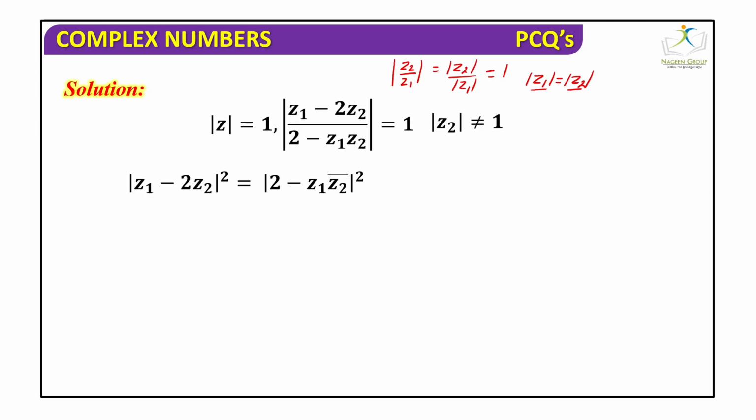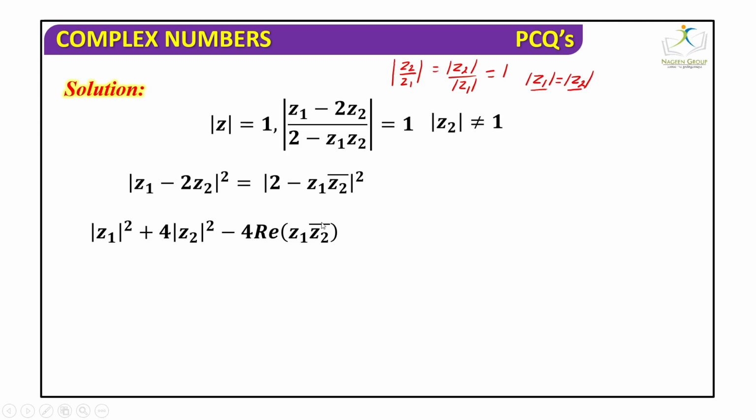What is the formula? It's |z1 - z2| squared, which is equal to a square plus b square plus 2 times the real part of z1 into z2 bar, right? So here we apply |z1| squared, then 4|z2| squared, and because it is a minus sign given here, minus 4 times the real value of z1 into z2 conjugate, right?